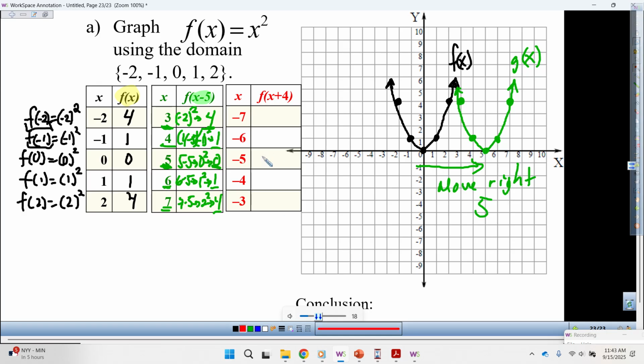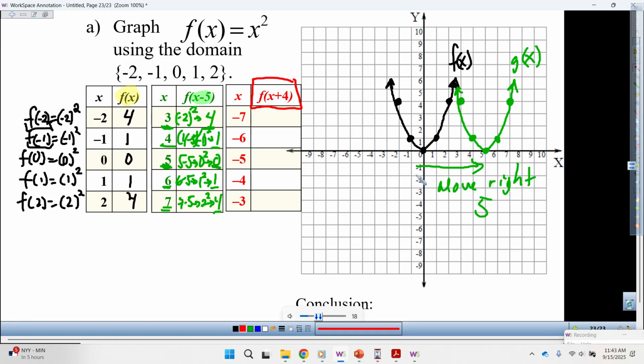So, without filling in this table, look what this one is giving us. If this was x minus 5 and it moved to the right, tell your neighbor what this is going to do to the original ones and sketch it. Talk to your neighbor. What is that going to do? Renzo, what is that going to do?